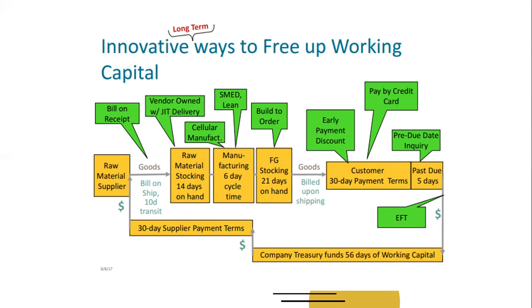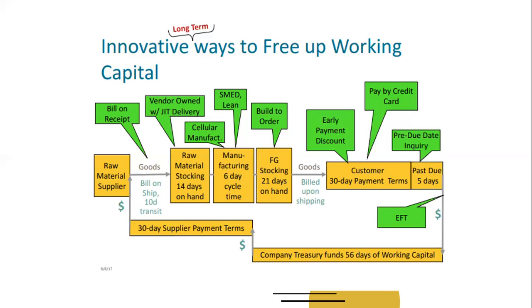Before things are due, you can reach out to your customers and make an appeal for them to pay earlier. Also, if you are waiting for a shipment, you can say, look, bill us when we receive the goods. Don't bill us before we actually receive the goods, because you want to hold on to your cash as long as you possibly can.